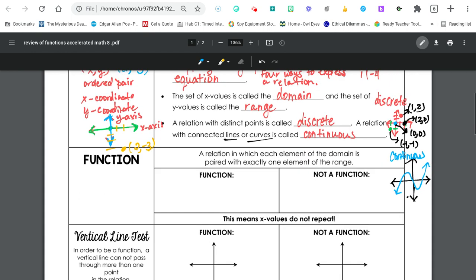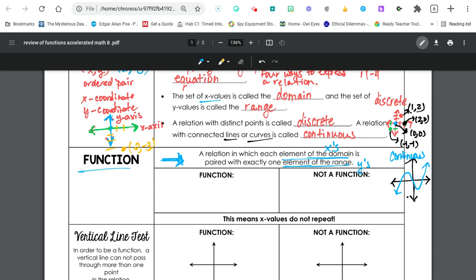Okay. All right, so let's talk about what a function is. So I'm here, guys. A function is a relation in which each element of your domain, and the elements in your domain are known as x values, guys, is paired with exactly one element in your range. Well, the elements in your range are known as your y's.